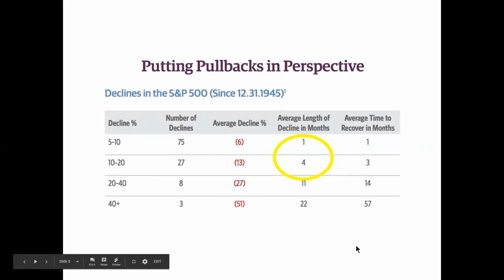So if you look at the average declines in the 5 to 10% range, which is that pullback range, they tend to pull back an average of 6%, and they take 1 month to kind of get back into the right frame of mind. The corrections in the 10 to 20% average of 13%, and we actually hit 13% down intraday yesterday from the high, and they take a little bit longer.